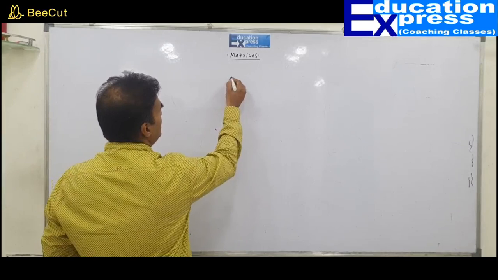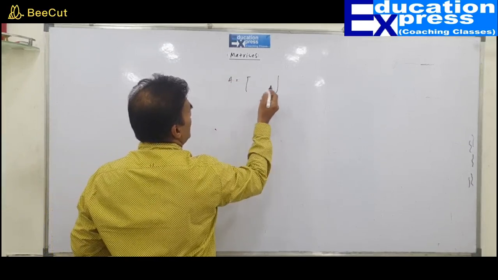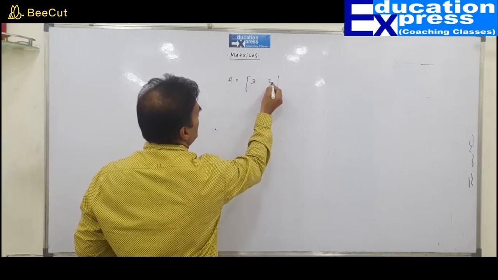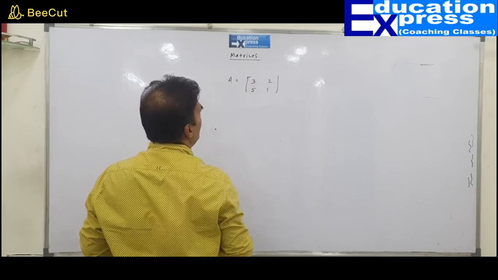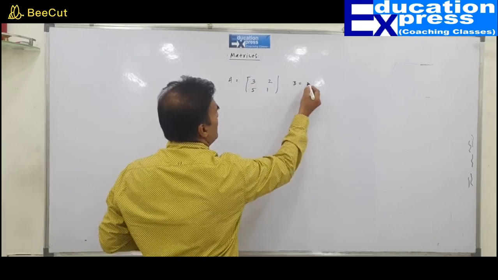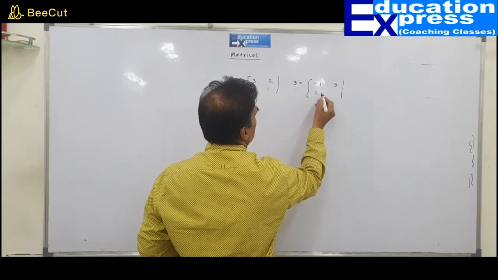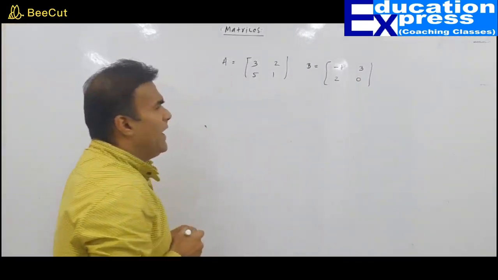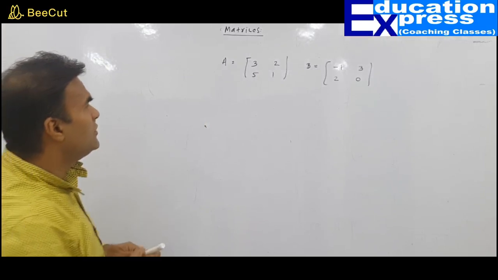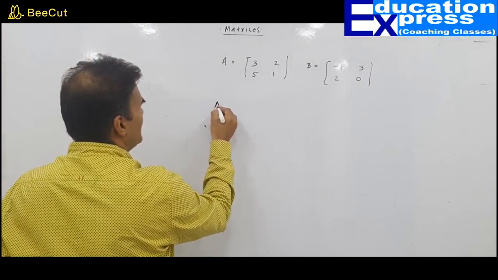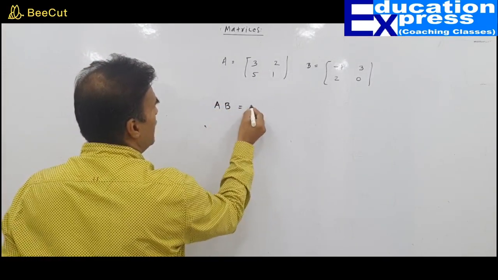Take for example, if I have matrix A, which is 3, 2, 5, 1, matrix B, which is minus 1, 3, 2 and 0, and I am interested in finding out matrix AB. How do we go?